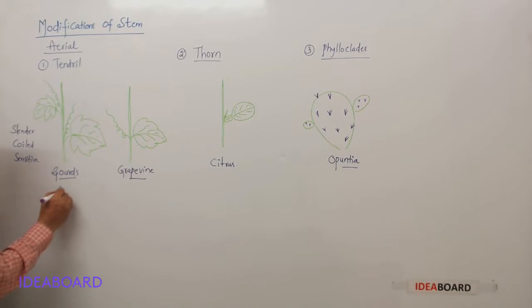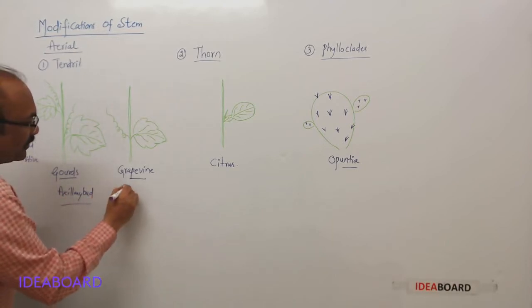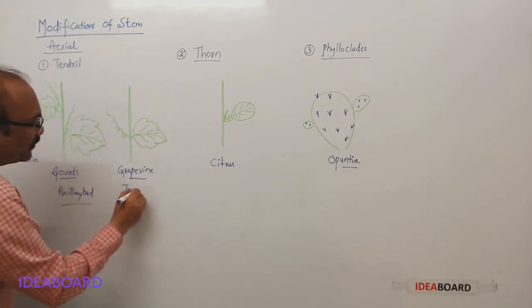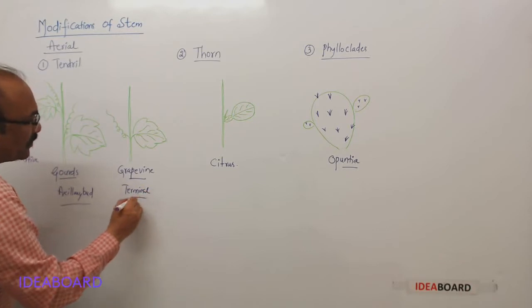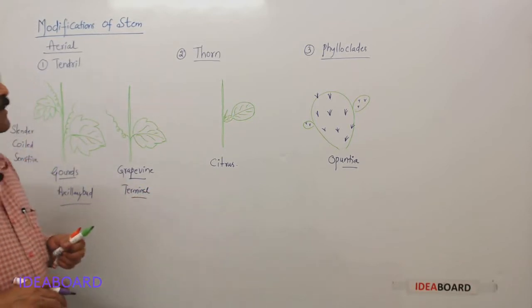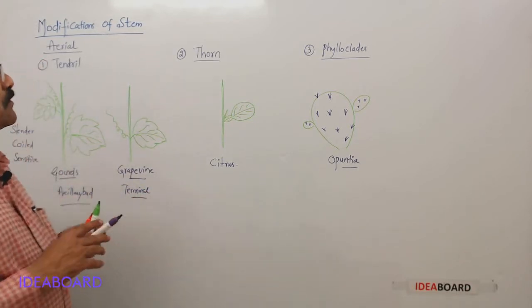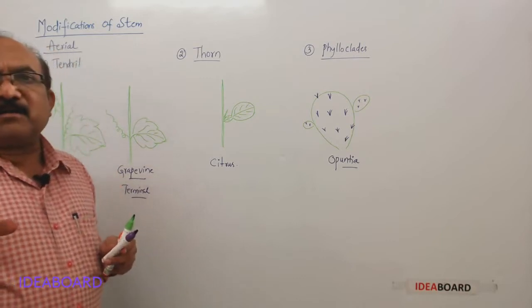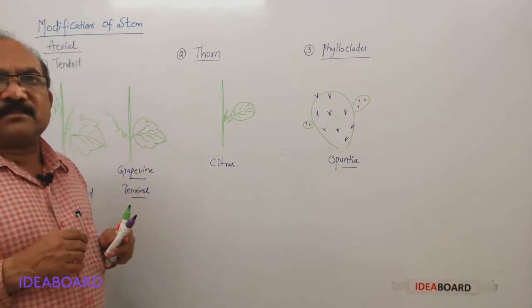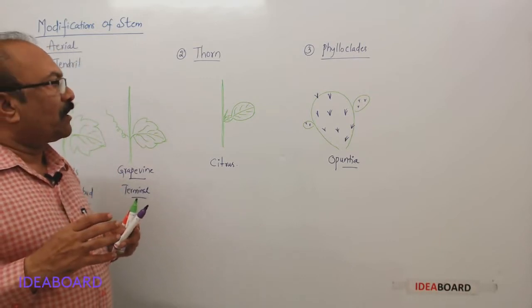So here axillary bud, and in grapevine, terminal buds are modified into tendrils. They help them in climbing.